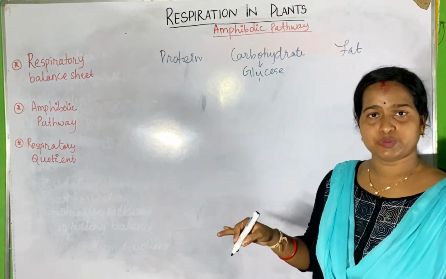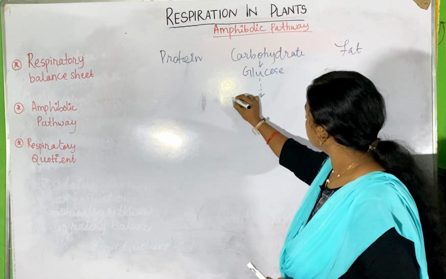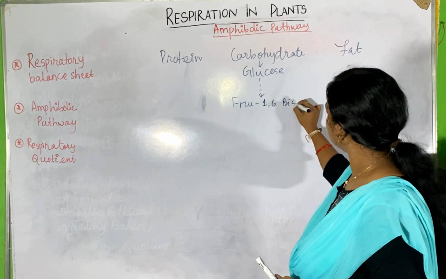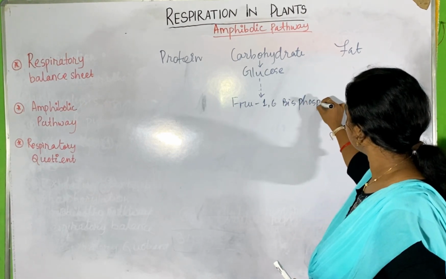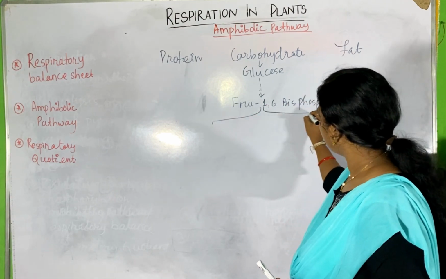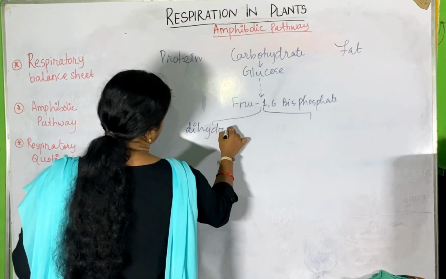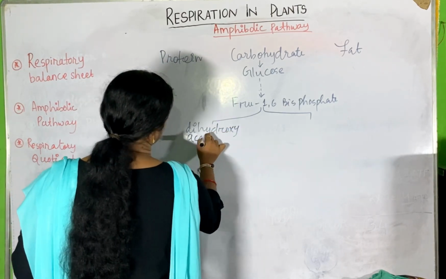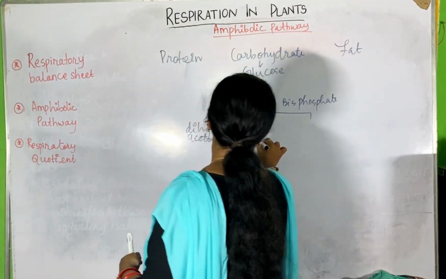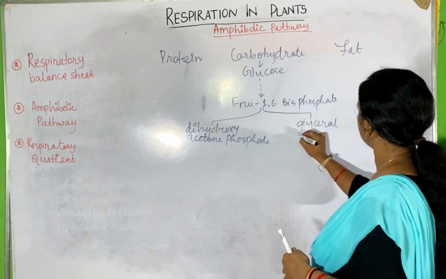From glucose 6-phosphate, it will be fructose 6-phosphate, then fructose 1,6-bisphosphate. After that, it will split into two: dihydroxyacetone phosphate and glyceraldehyde 3-phosphate.